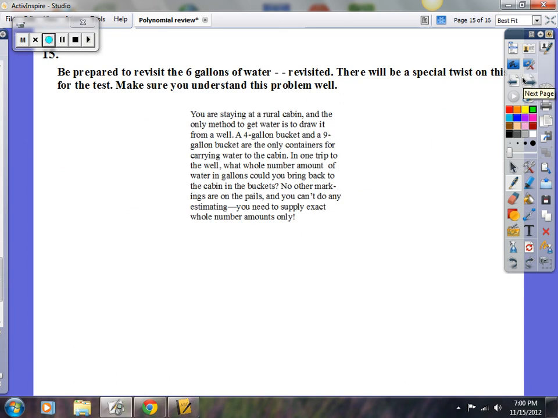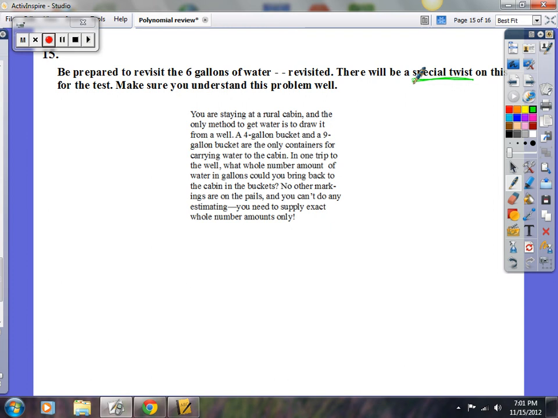Okay, make sure you understand this problem well, because we're going to revisit it with a special twist. So if you have a 4-gallon bucket and a 9-gallon bucket, can you bring back 1 gallon of water? Can you bring back 3 gallons of water?